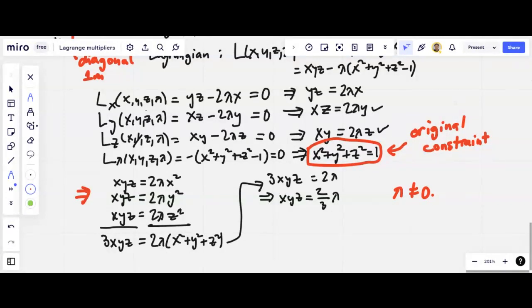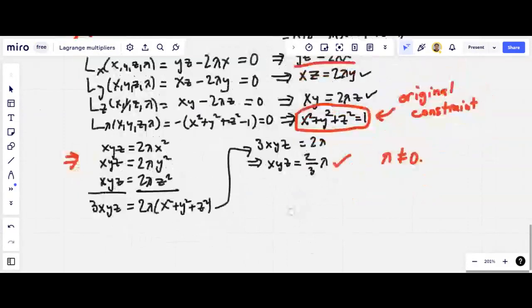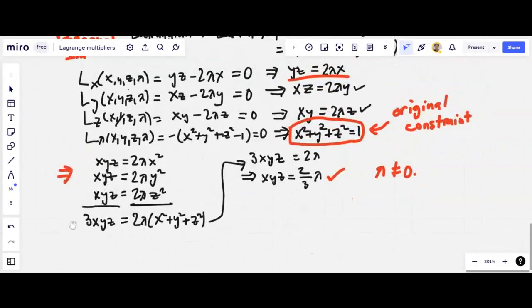So continuing, now I will use the first equation again and the equation that we just obtained to be able to find the value of x. So what we can say now is the following.